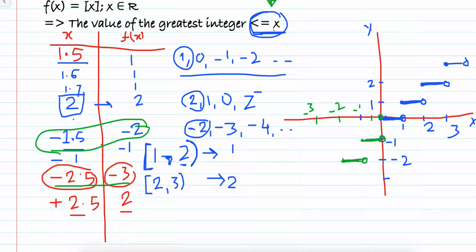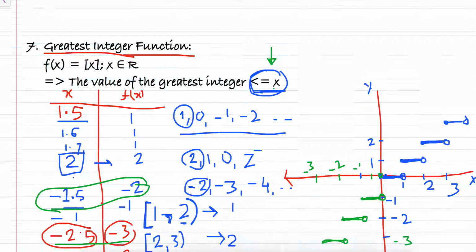For values between minus 2 and minus 3 it will be equal to minus 3. So we will draw a hollow circle here and then solid here, and then again hollow here and solid here. So this will be the plot for this greatest integer function.